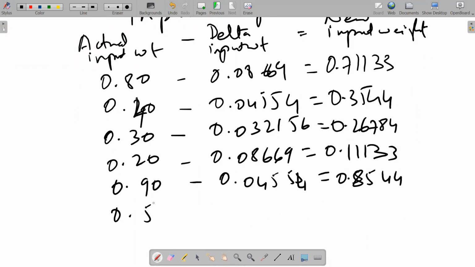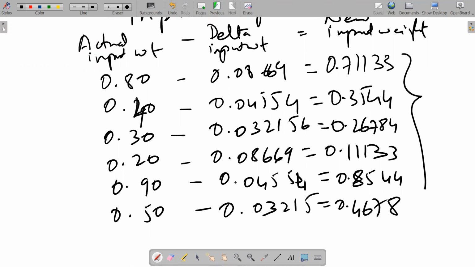Last one is 0.50 minus 0.03215, you get 0.4678. So these are the new input weights.